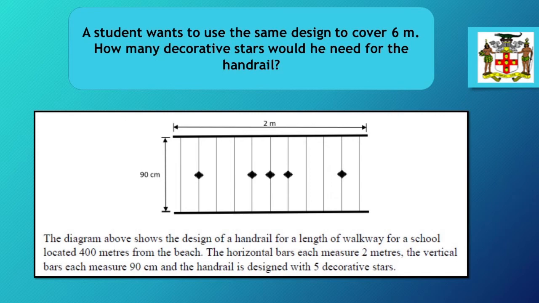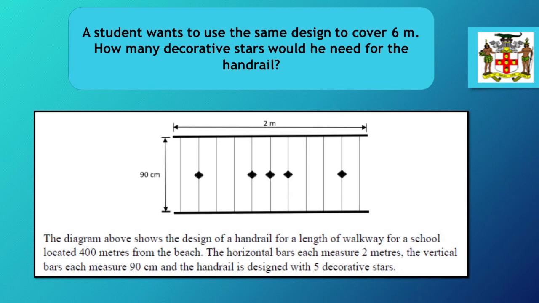And the handrail is designed with 5 decorative stars. So we can look at that diagram and note that the horizontal bars, going across, measure 2 meters. And the vertical bars, going from top to bottom, measure 90 centimeters. And we can count the number of stars, and that would be 5.